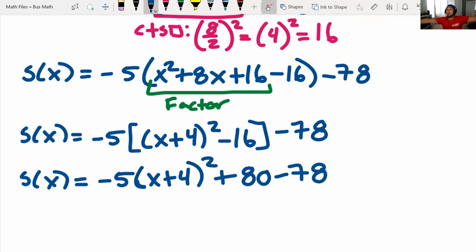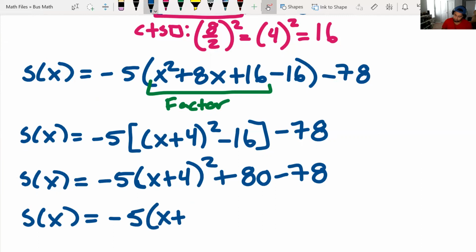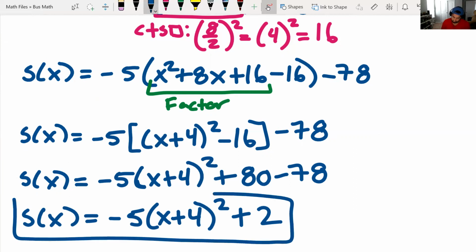Clean it up, and we have our vertex form. That one wasn't bad. I thought we were going to get fractions. s of x equals negative 5 times x plus 4 squared plus 2. And there's our vertex form.